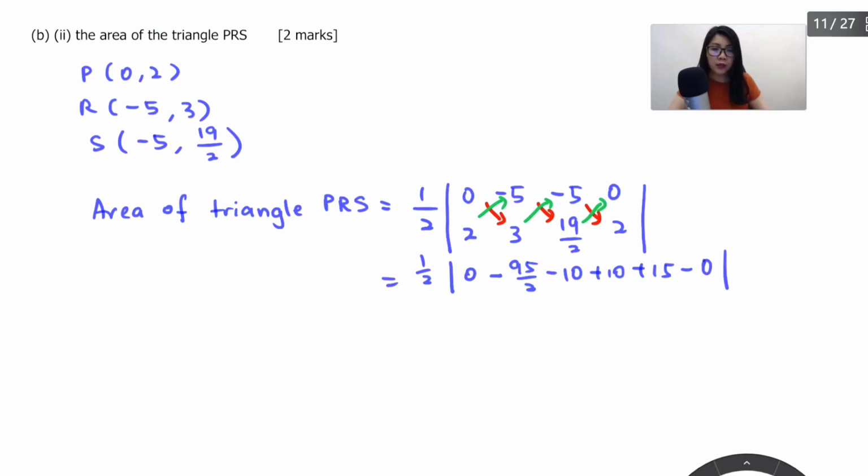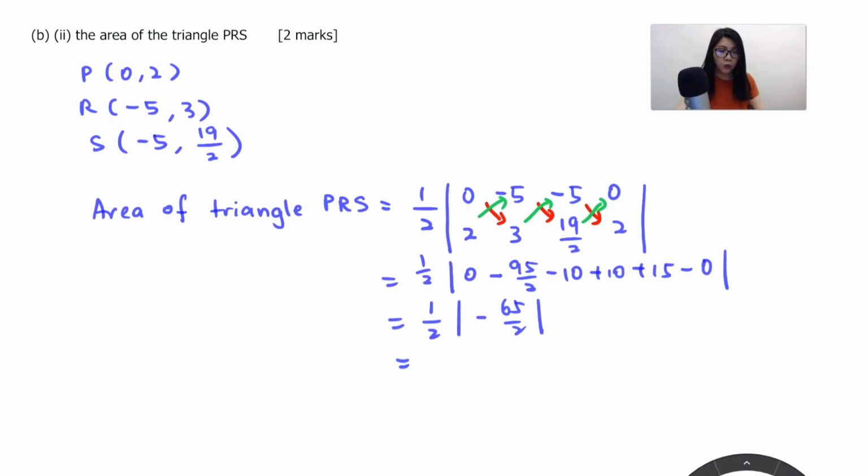Let's calculate this. We have -95/2, then minus 10 plus 10, then plus 15. So we get -65/2 in the bracket. When we open up the modulus sign, it becomes positive.